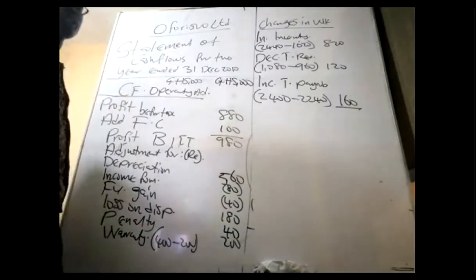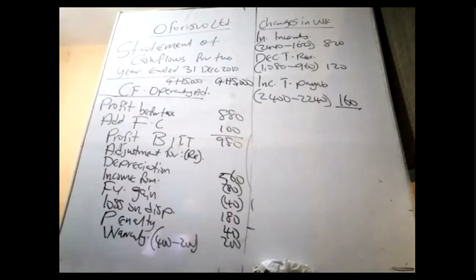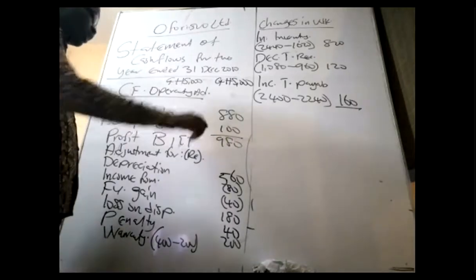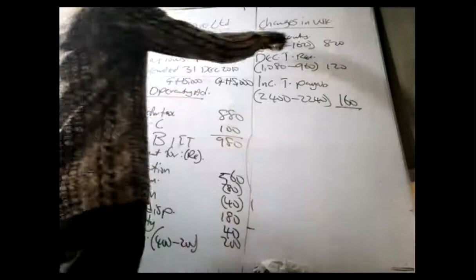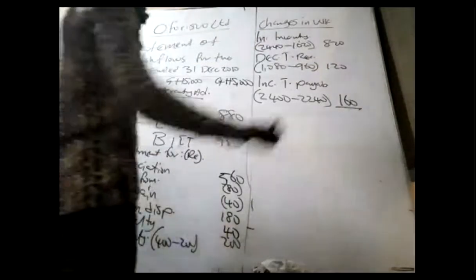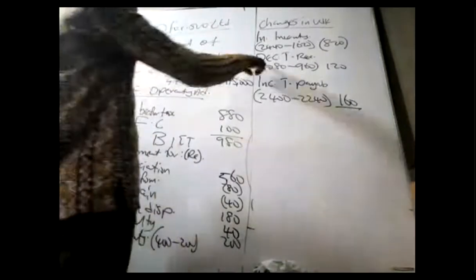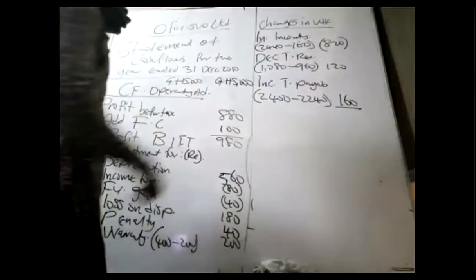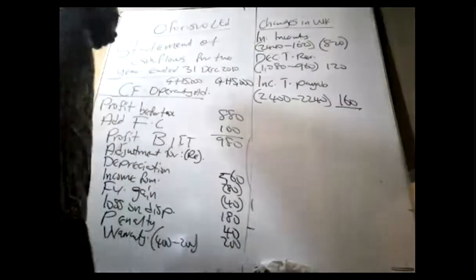Now, you watching the video, you understand. We said that an increase in inventories is an outflow, so this one should be in brackets. A decrease in receivables means it's an inflow, so this one should be positive. Good news. An increase in payables means it's an inflow, so this one should be positive.